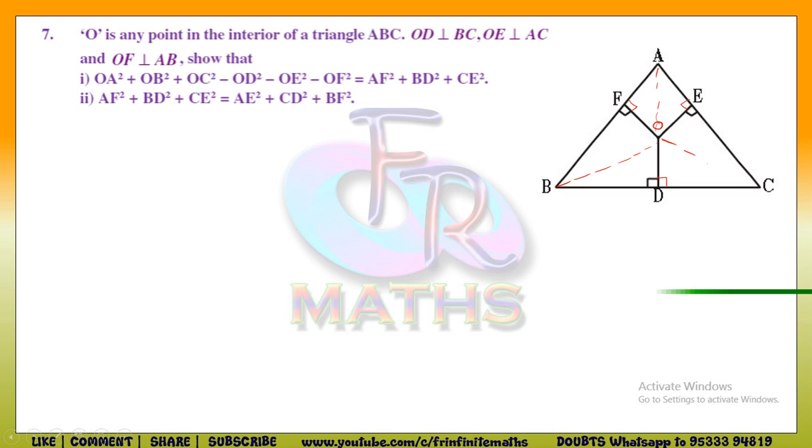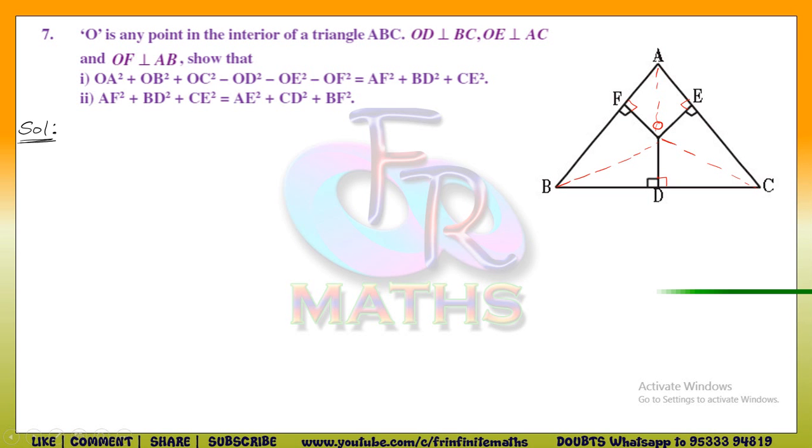All these 6 triangles are right angle triangles, and at the same time OA, OB and OC act as hypotenuse. Applying Pythagoras theorem to each right angle triangle, we are going to have some relations.